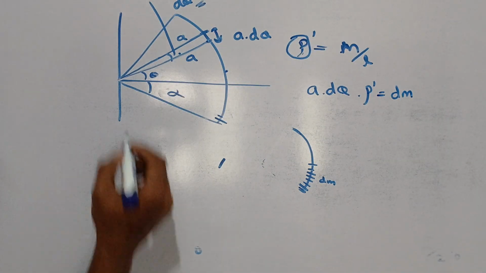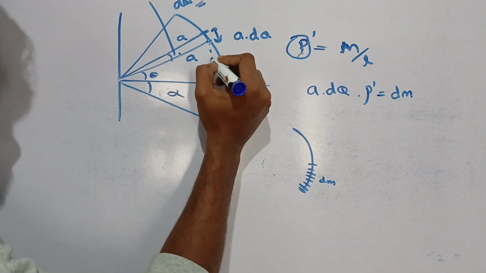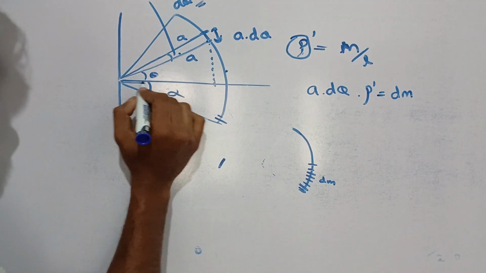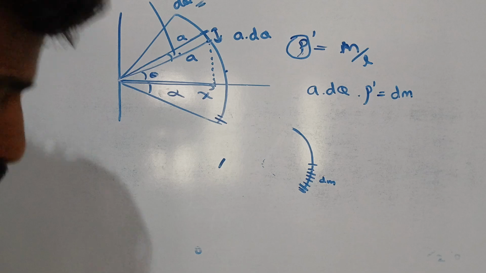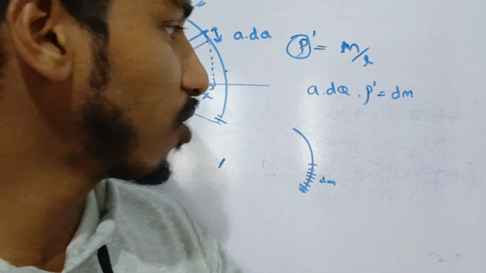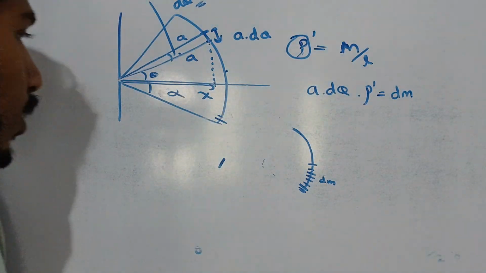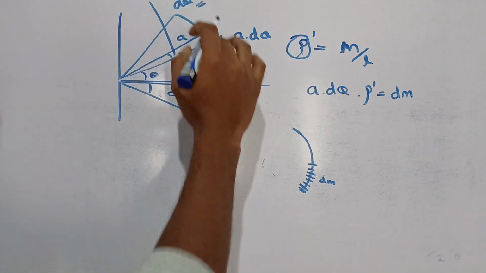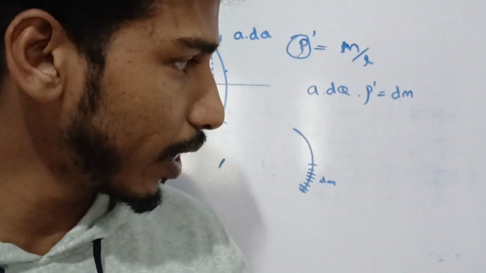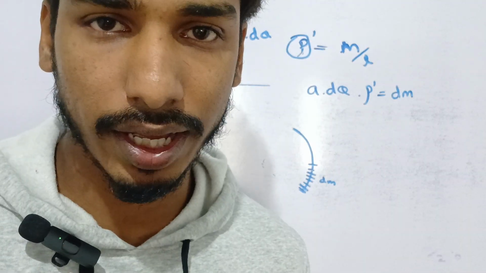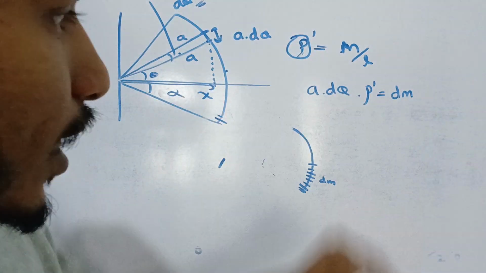Be careful, it's actually located at a certain distance x. By the principle of moments, the moment created by each individual piece is equal to the resultant moment times its center of gravity. From that concept we start getting this.